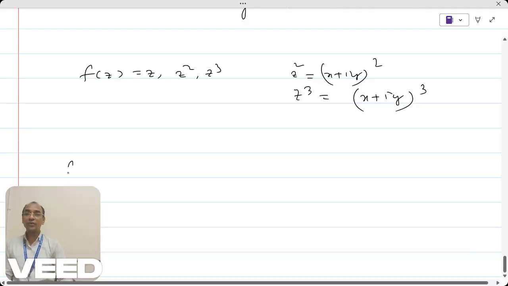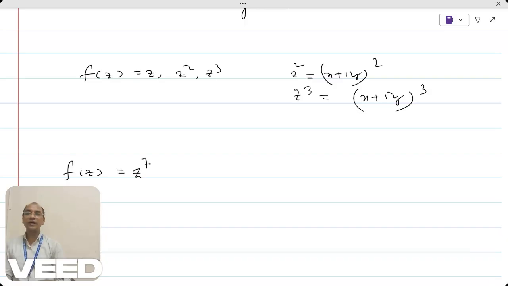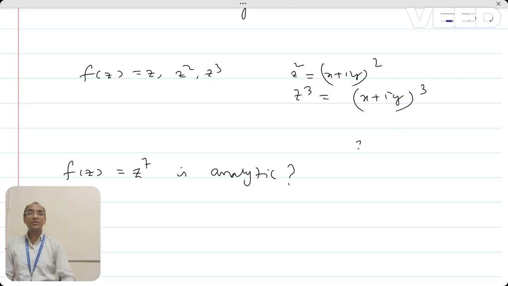Say I will ask you, check whether f of z equal to z to the power 7 is analytic. So how can we check that whether it is analytic or not? It will be time taking. If we expand that one, z to the power 7 means we will write x plus iy to the power 7. So it is very difficult for us to expand this and find the real and imaginary part.